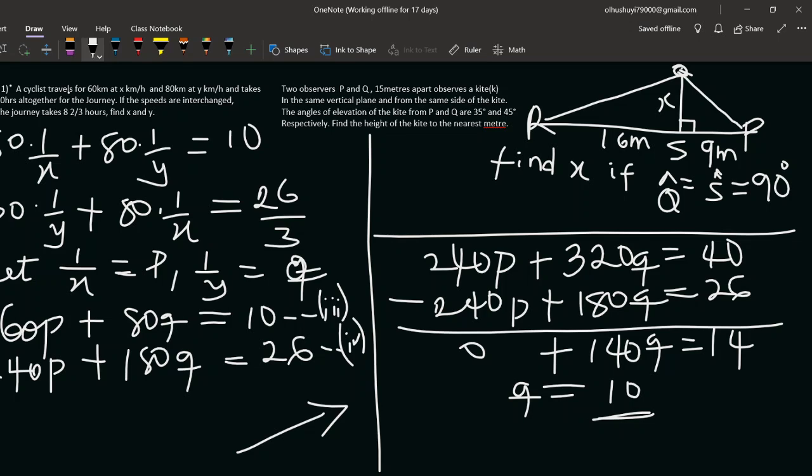So when q is 10, what will our p be? Substitute q being 10 in equation 3. So we are going to be having 60p plus 800 to be equal to 10.